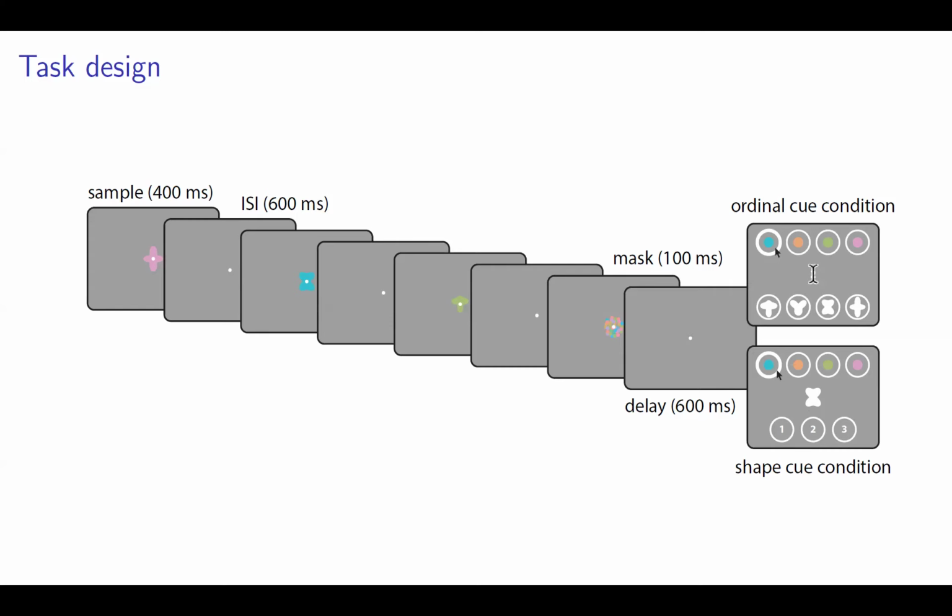So this ordinal cue condition would correspond to a spatial cue condition that we didn't explicitly do in the previous task, but as I said, has been done before. So that should be bound directly to the features in this binding by time approach. And this would have to be resolved indirectly in this account.